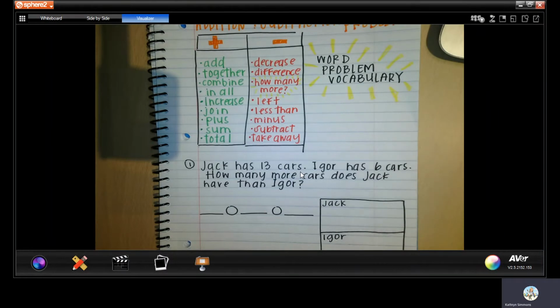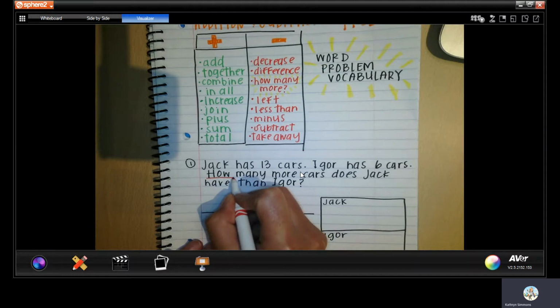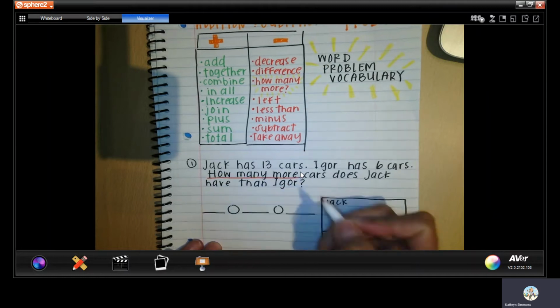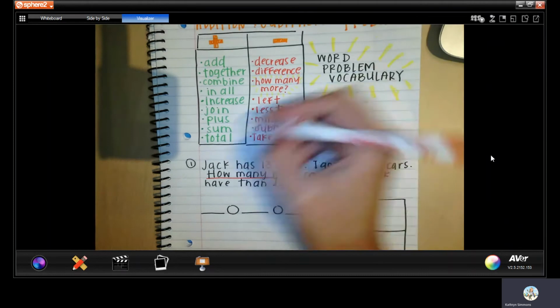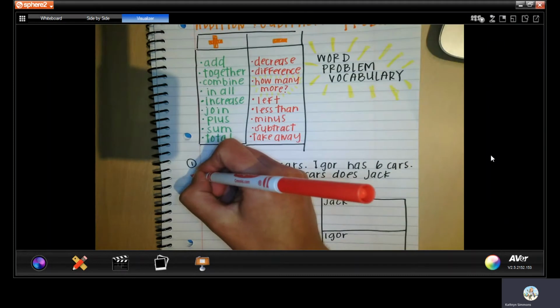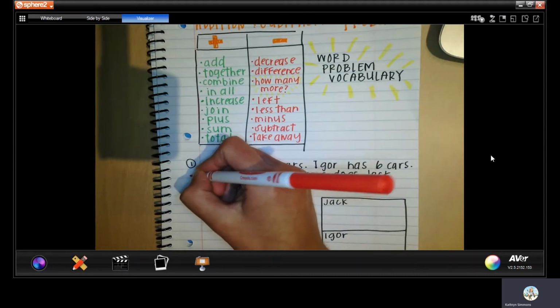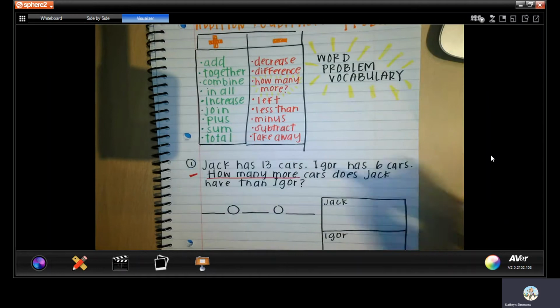Do you guys see it too? How many more? What column is how many more in? Is it in my addition column or my subtraction column? It is in my subtraction column, so I know that I'm going to be subtracting in this word problem.